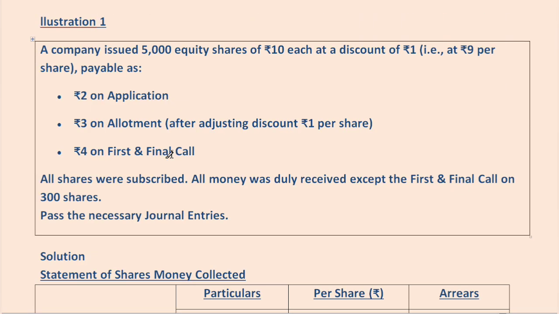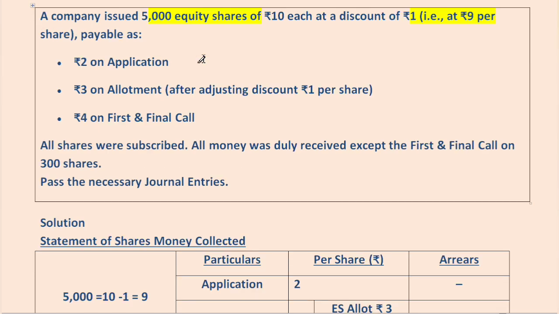Okay, the first illustration. The company issued 5,000 equity shares of rupees 10 each at a discount of 1 per share. So it's a problem related to discount. Discount is a loss to the company. How did they collect the amount? 2 on application, and 3 on allotment.